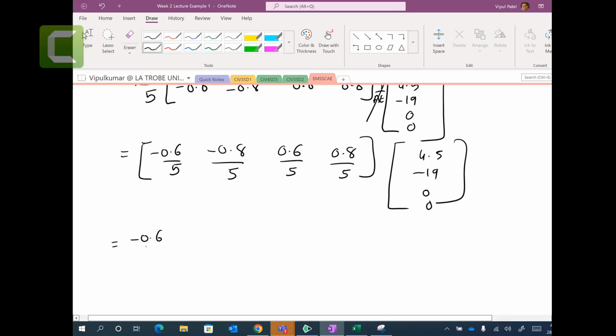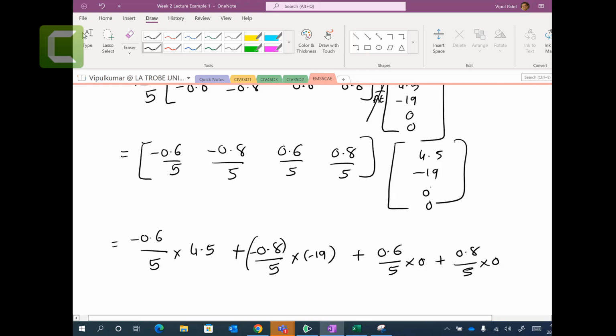So minus 0.6 on 5 times 4.5, plus minus 0.8 on 5 times minus 19, plus 0.6 on 5 times 0, plus 0.8 over 5 times 0.